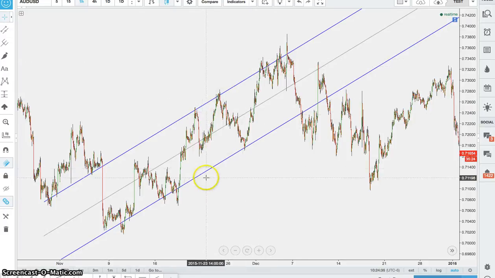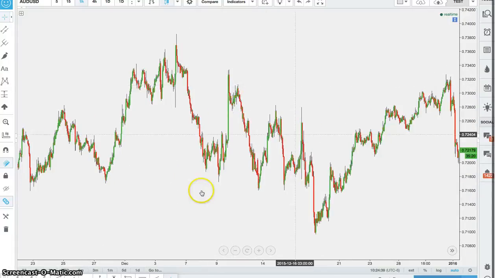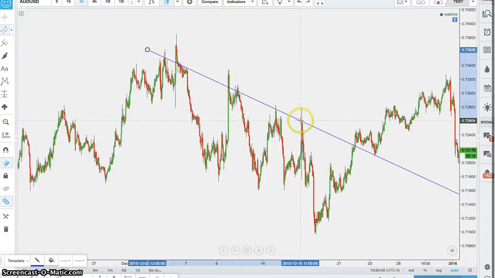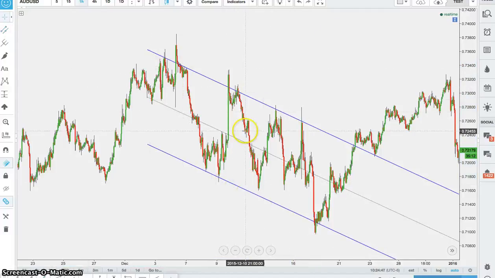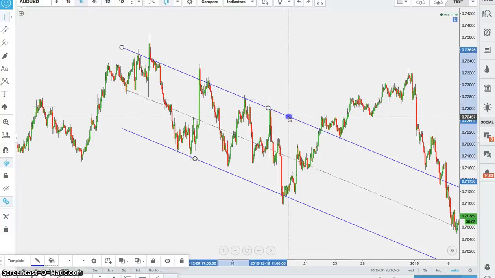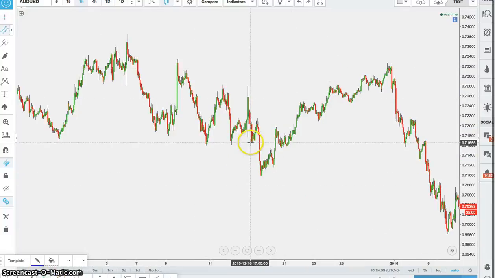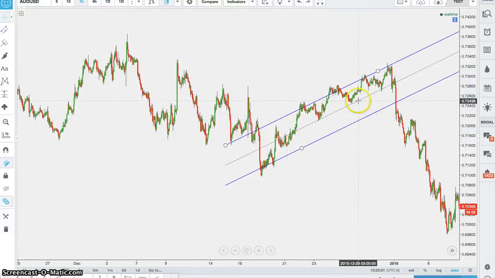So the first key is to practice this as much as possible. For every trend, you're going to want to find that trend channel and where it's at, like this. That's going to be the most important part, just practicing as much as possible to get in where these channels are going to be.